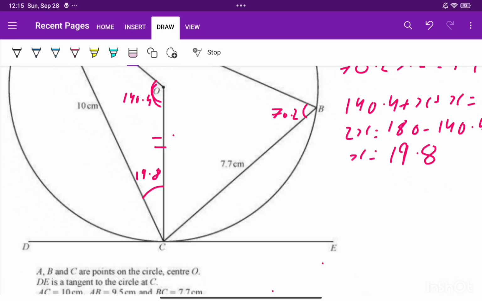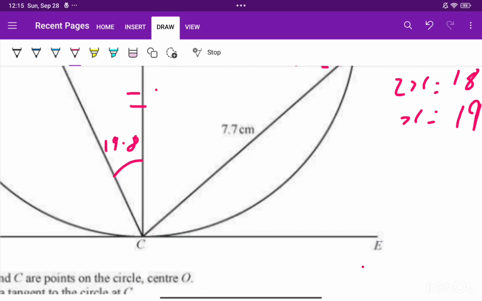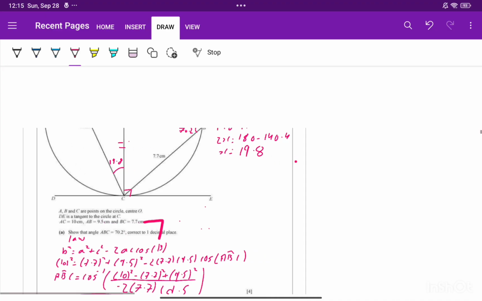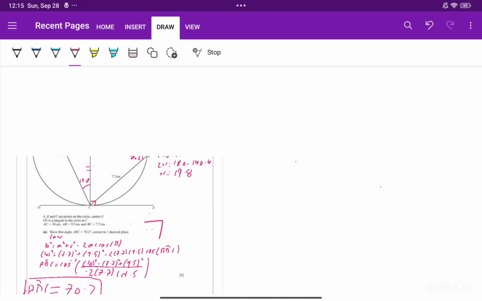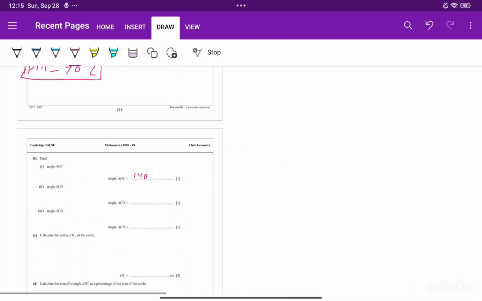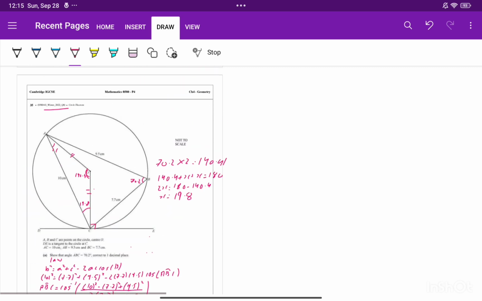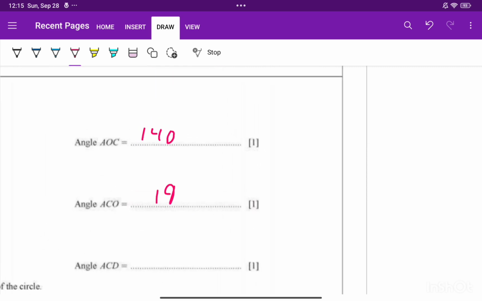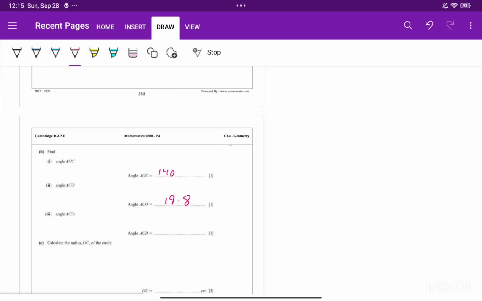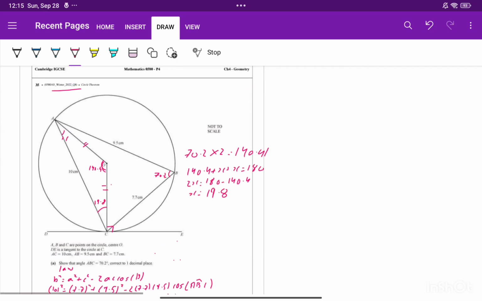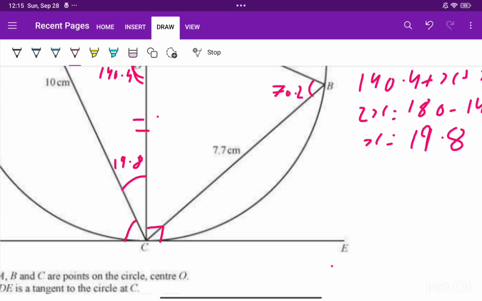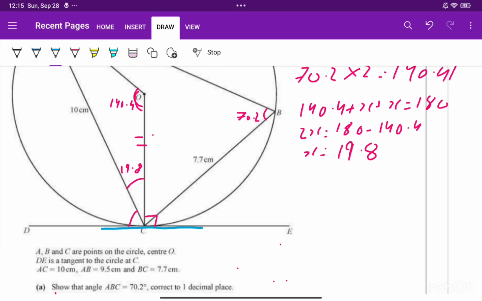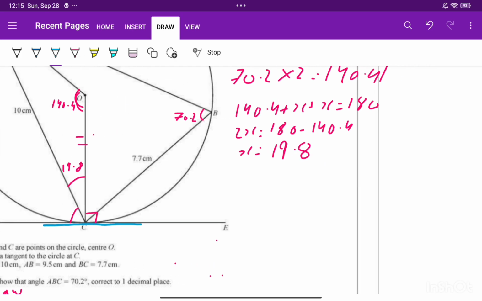And this is 90 degrees. What did we find? ACO is 19.8, so we'll write over here 19.8. Angle ACD, we need to find this angle. This is easy because this is a straight line, so the sum of all these three angles will be equal to 180.